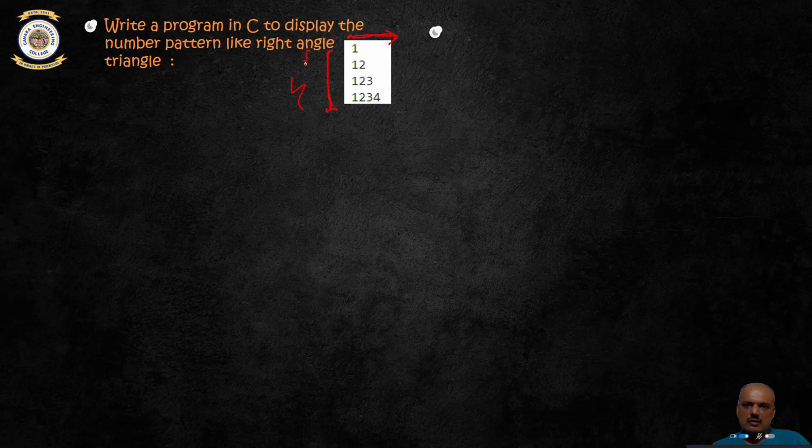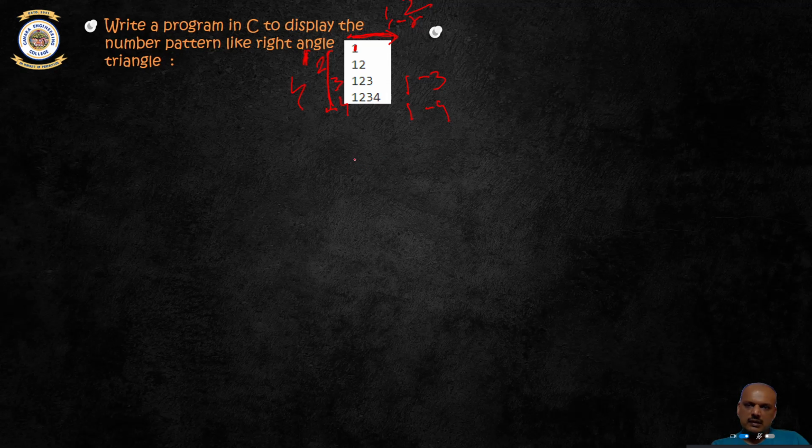So the row goes from 1 to 4 and the column goes from 1 to row. When the row is 1, the column is 1, only one number gets printed. When the row is 2, the column goes from 1 to 2. When the row is 3, the column goes from 1 to 3. When the row is 4, the column goes from 1 to 4.